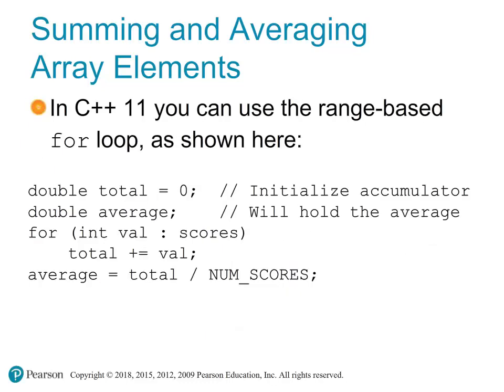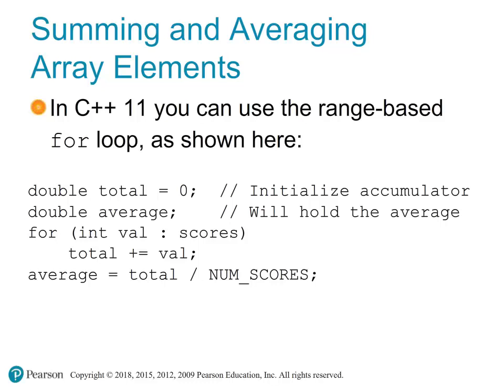Before entering the loop, we initialize an accumulator variable total to 0 and declare another variable average to store the result. The range-based for loop iterates over each element in the array scores. The variable val takes the value of each element one by one. Inside the loop, we add each val to total.